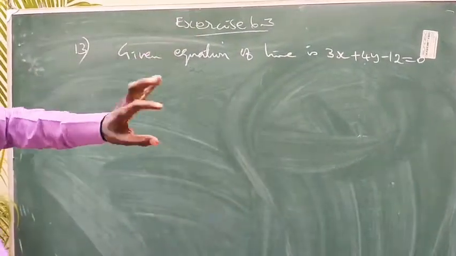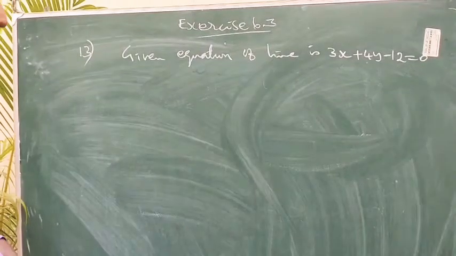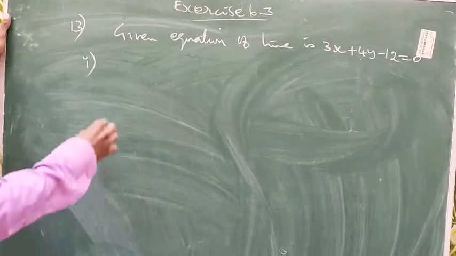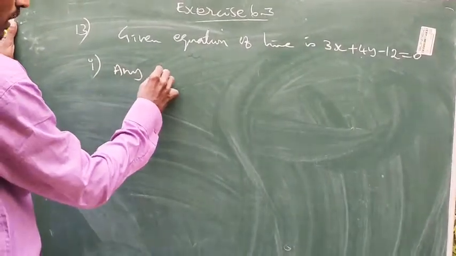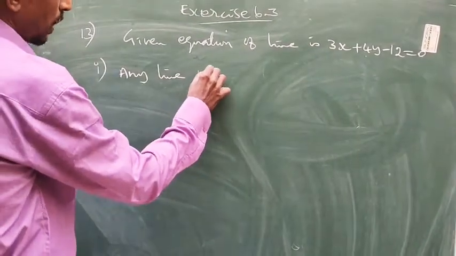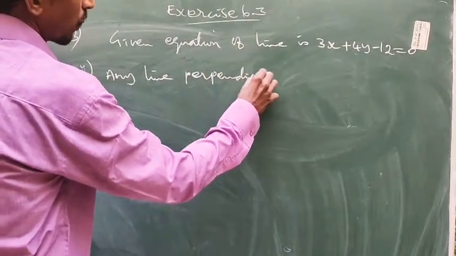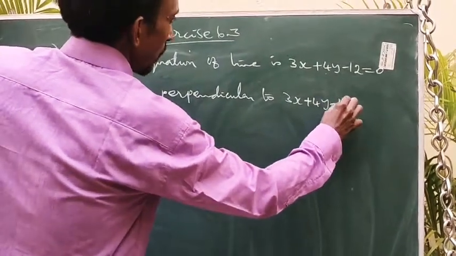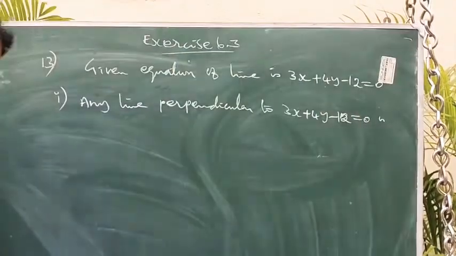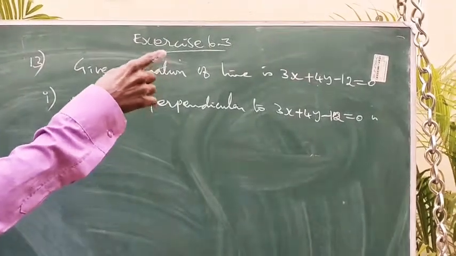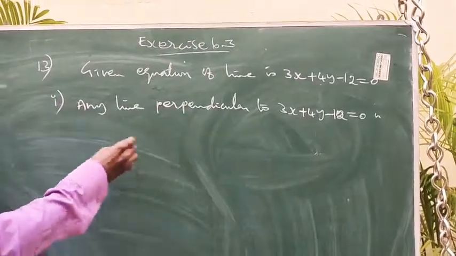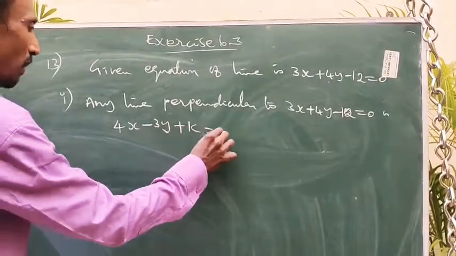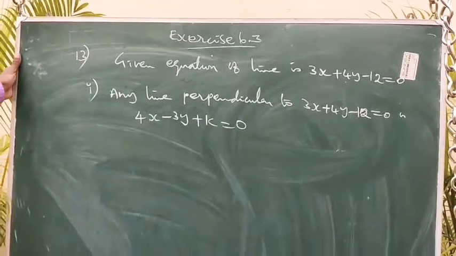So first write down the given equation 3x + 4y - 12 = 0. For the first subdivision, we already know that any line perpendicular to 3x + 4y - 12 = 0 is, if ax + by + c = 0, then bx - ay. So 4x - 3y plus some other constant equal to 0.